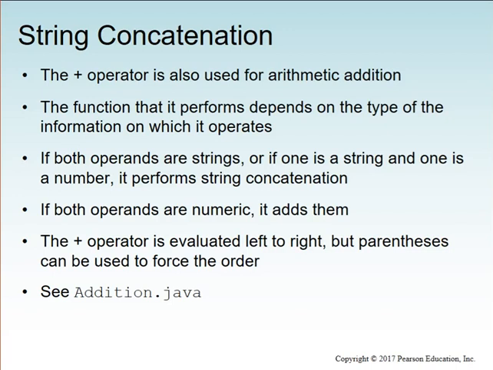If both operands are numeric, it adds them together in a traditional mathematical sense. It is evaluated from left to right, but we can use parentheses to force what we want it to do. In the Addition.java program, you'll see several examples of strings and numbers and how things get added and how things get concatenated, and it's a very instructive piece of code.